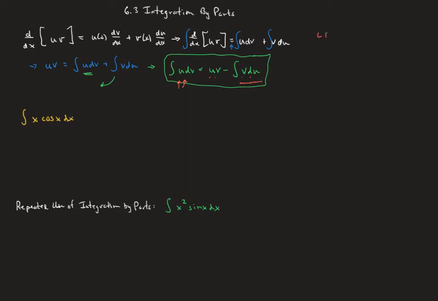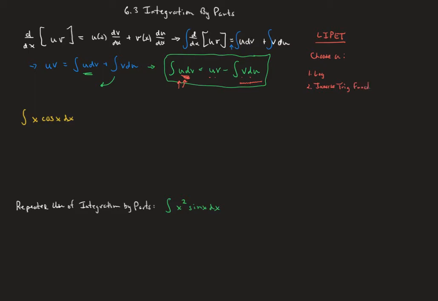There is, if it helps, an acronym to help you decide what to choose for u. When you choose what the u is going to be, your order of choices is first a logarithm. So if there is a logarithm in the integrand, we're going to call that u and the rest of it dv. The second choice is an inverse trig function.